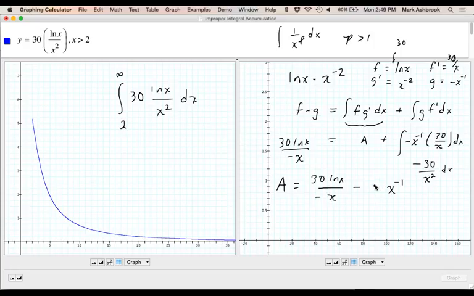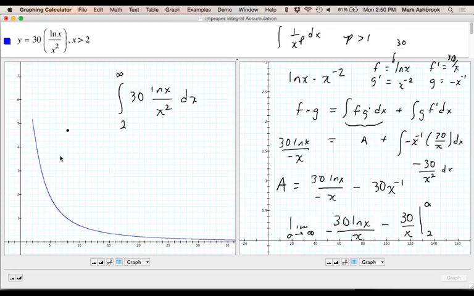And we're going to have, I think, positive 30 x to the minus 1. Is that right? So negative 30 x to the minus 2, but we're subtracting that. Minus 30 over x. Okay, and then we're going to evaluate that from 2 to a, and it's going to be the limit as a goes to infinity.